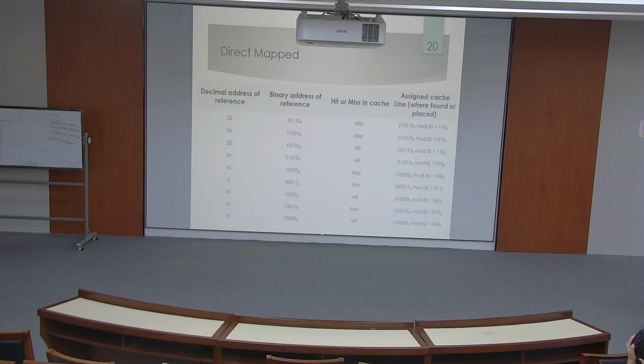We have 8 cache lines. That is 22 mod 8 is 6. So that is a hit, because we already have block number 22 in cache line 6. So this is a hit. It is already here.